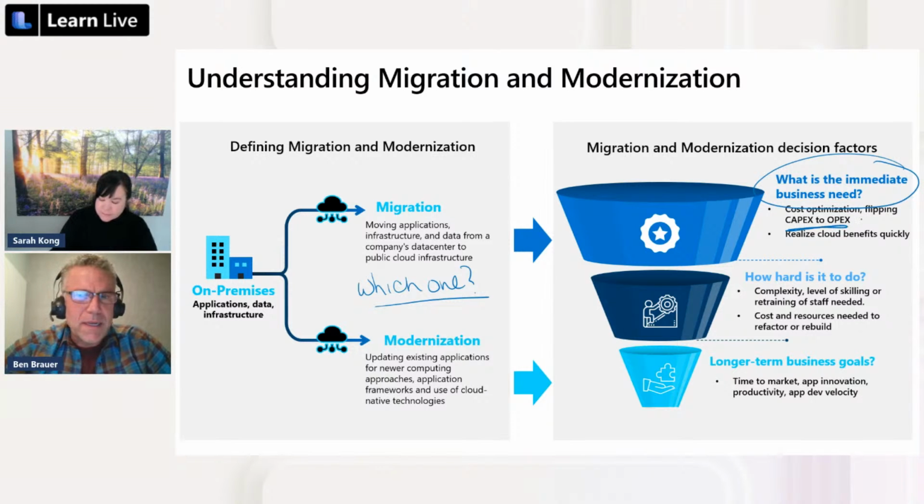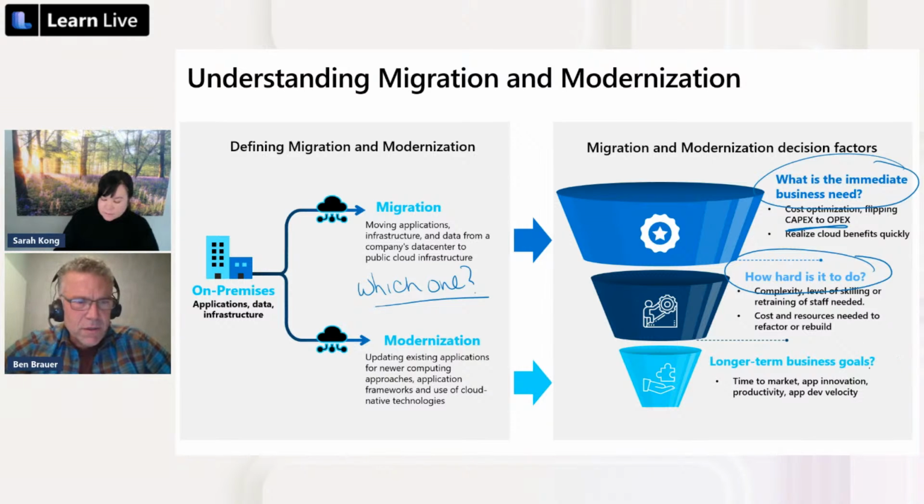Now, if you're also trying to figure out how difficult something is to move, and this is actually a really big issue, and we'll talk about this in a little bit, the complexity of that application will probably determine if you're going to just migrate or end up modernizing. The reason complexity is such a big issue is the level of skilling required.